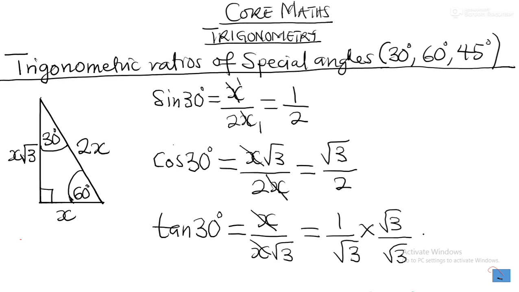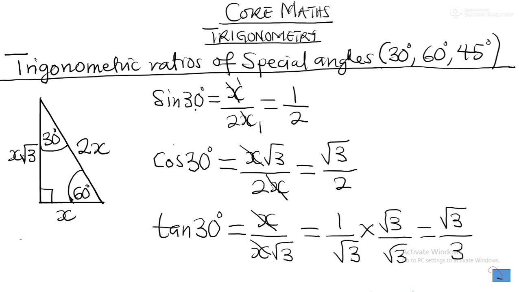By root 3. So that we get a rational number for the denominator. So this one is going to give us root 3 on what? On 3. Because root 3 times root 3 will give us what? Give us 3.